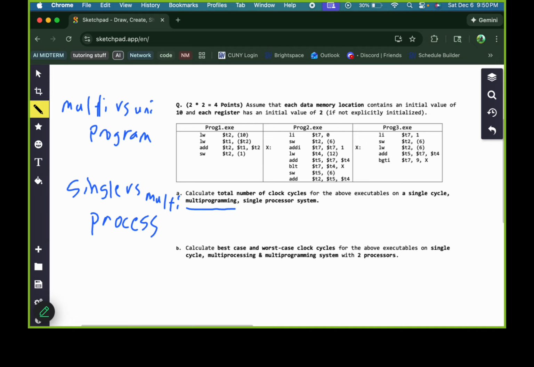So, process. When you hear the word process, you want to think of your CPU. This means that it has multiple cores if it is multiprocessed. Multi-process, multiple processors. Single process, a single processor.